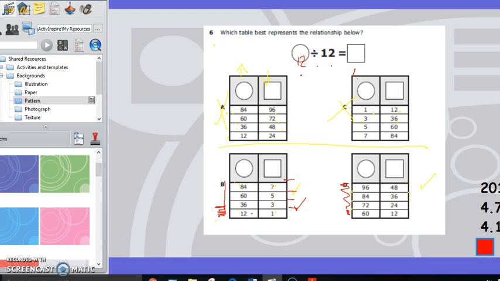Now I'm going to check on the other one. 60 and 12. 60 divided by 12 equals 5. Exactly. I copied it wrong, right? It's not 5. It's 12. But my real answer is 5.